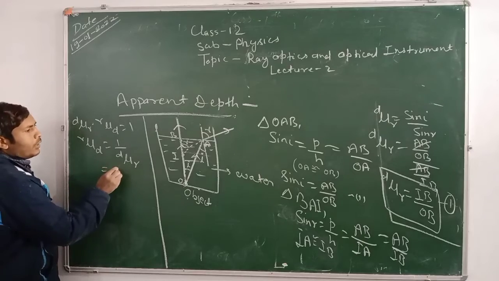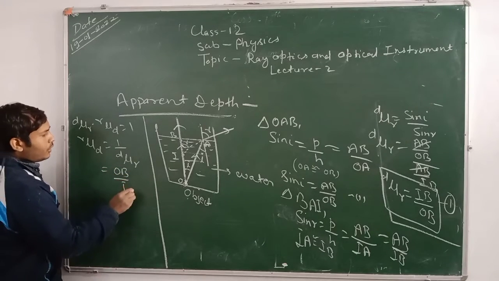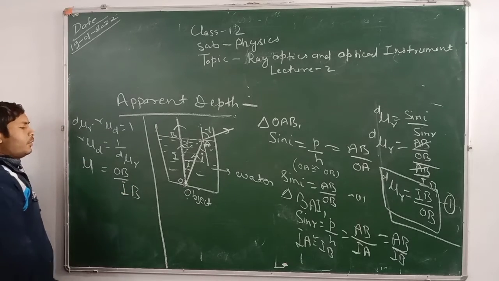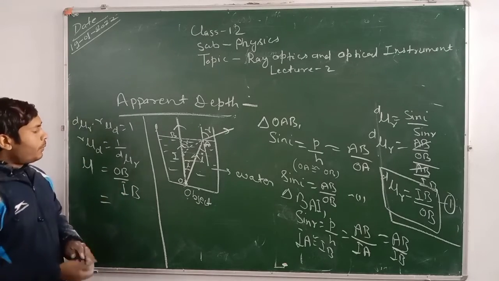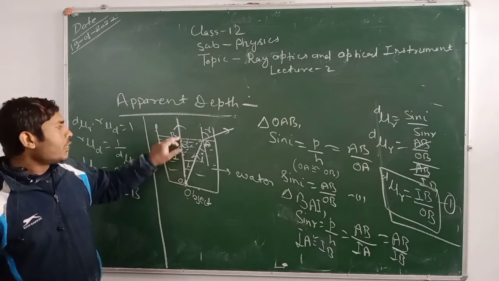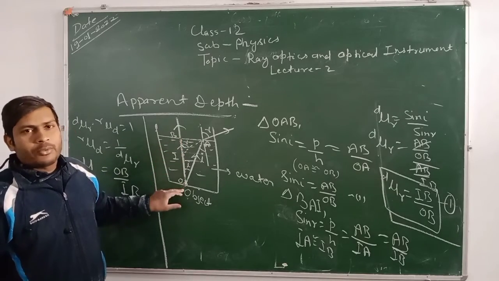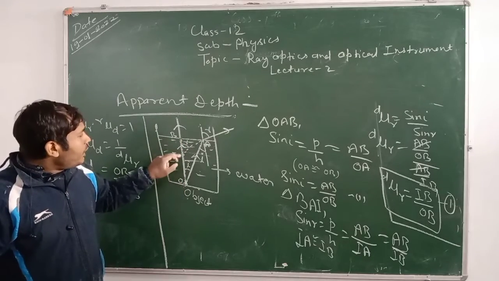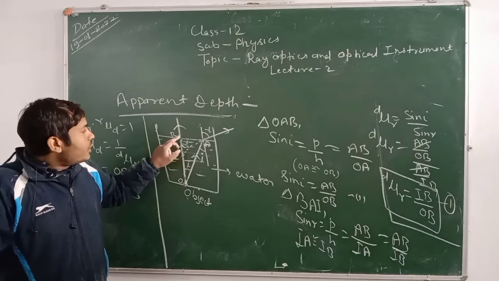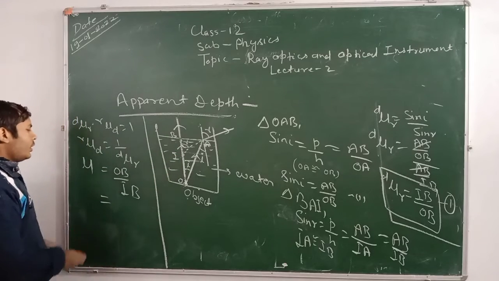So it will be OB upon IB. It is the refractive index. What is OB? OB is the distance of the object from the surface of water. Means this is the real depth. And what is BI? BI is the position of the image from the surface of this water. So this is the apparent depth.